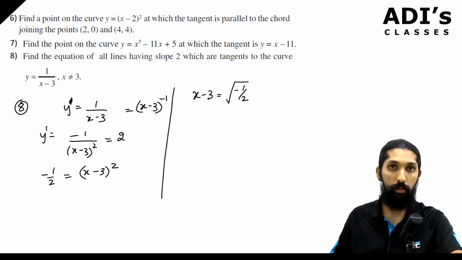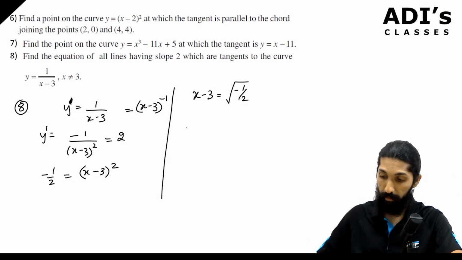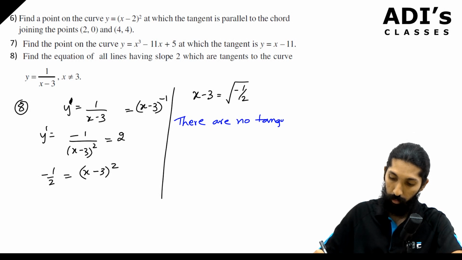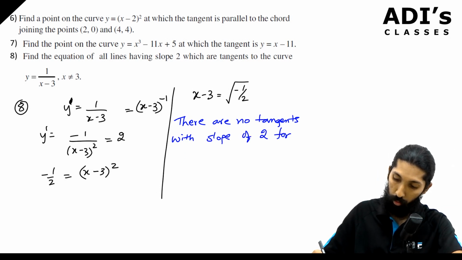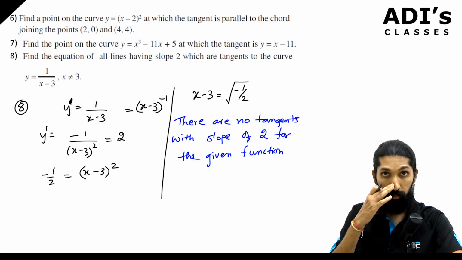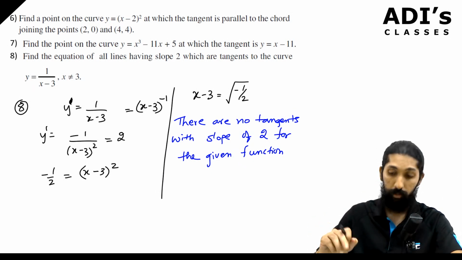So what we can tell here is that there are no tangents with slope of 2 for the given graph, or you can say for the given function, because you cannot have root of a negative number. So that's the answer for the 8th question.